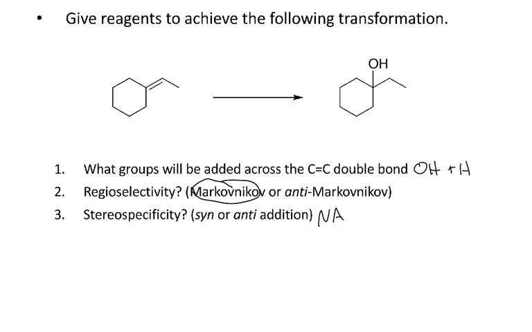And so we could just put H3O+, but it's maybe better to be a little bit more specific, and the acid we often use for acid-catalyzed hydration is sulfuric acid. And it's a catalyst, so sometimes we put catalysts in brackets.